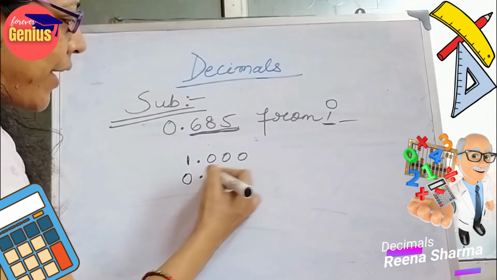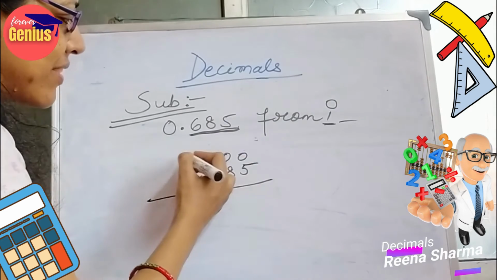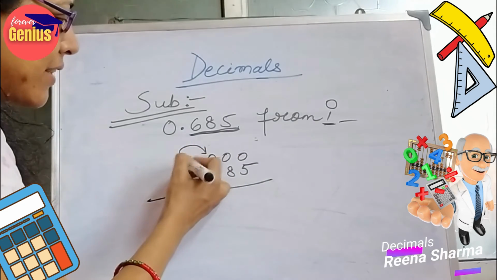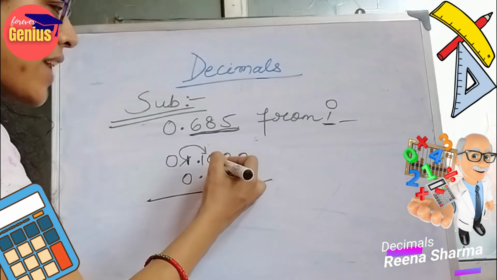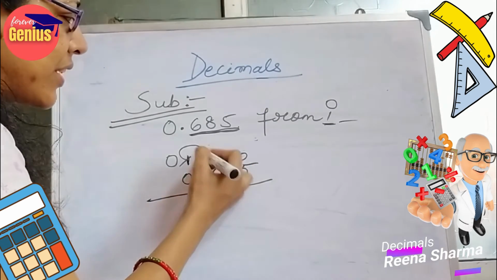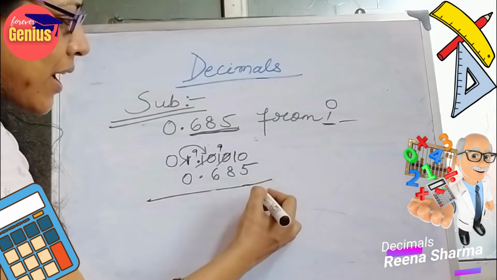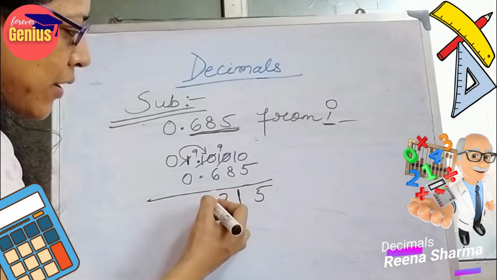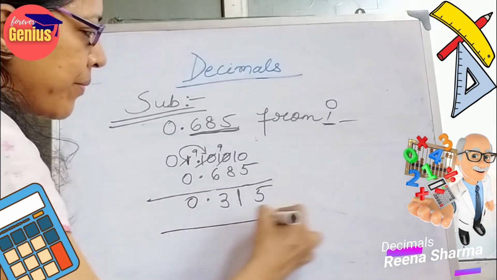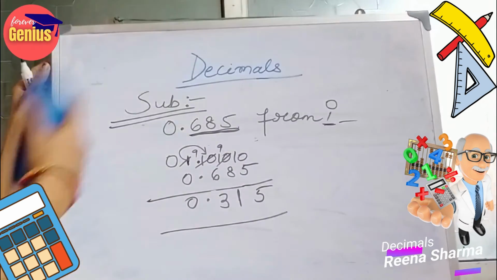Now 0.685. We will simply take it. It is becoming 0. This is 10. Now this is 10. This is giving, this is 9, this is 9 and this is 10. So here comes 5, 1 and 3.0. This is the correct way of doing the subtraction.